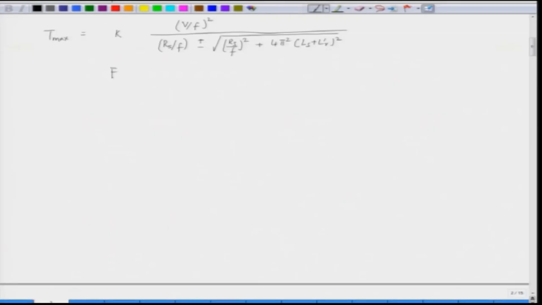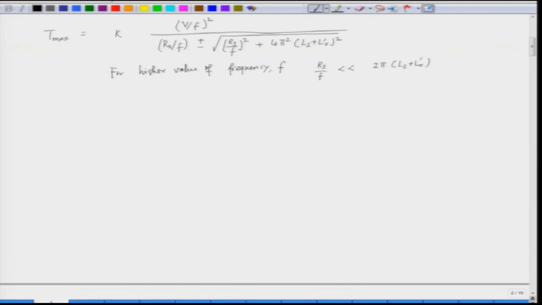So, in this case, for higher value of frequency f, what we can say here is the following. We can say that R s divided by f is much smaller compared to 2 pi L s plus L r prime.